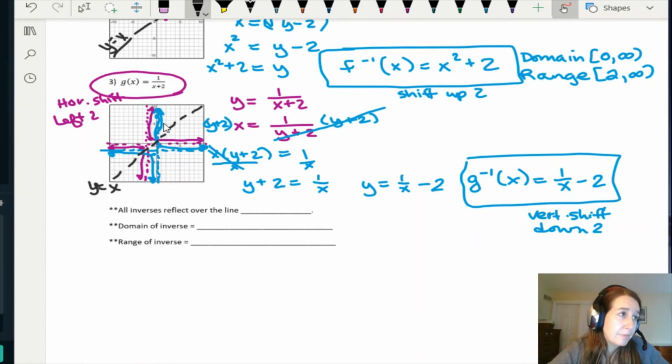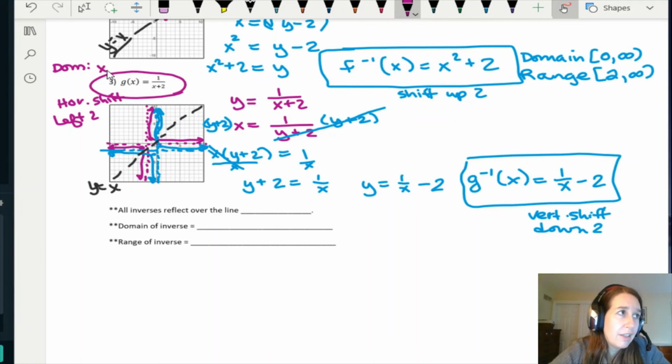Okay, and we could look at the domain and range, right? Maybe we'll skip it. I guess if we wanted to real quick, that's a good idea. So in the purple, the domain is every number except x cannot equal -2.